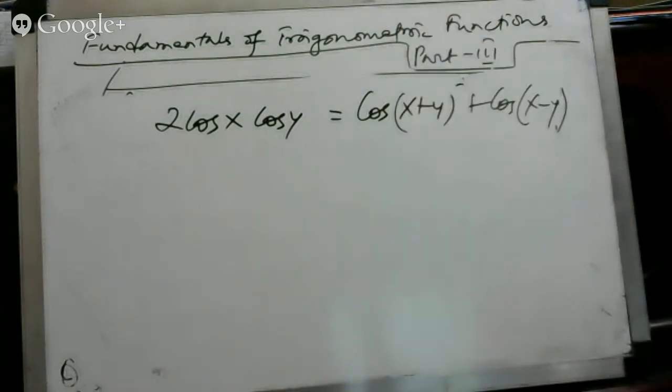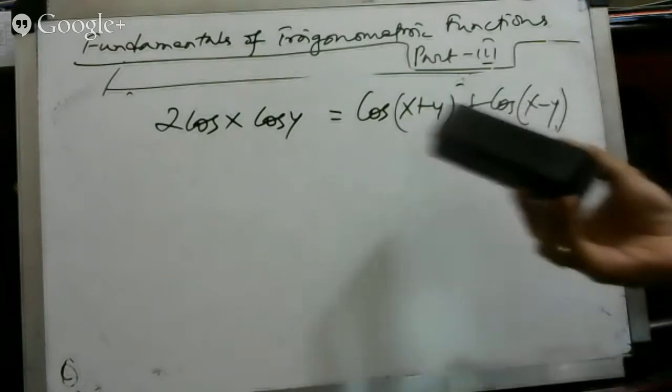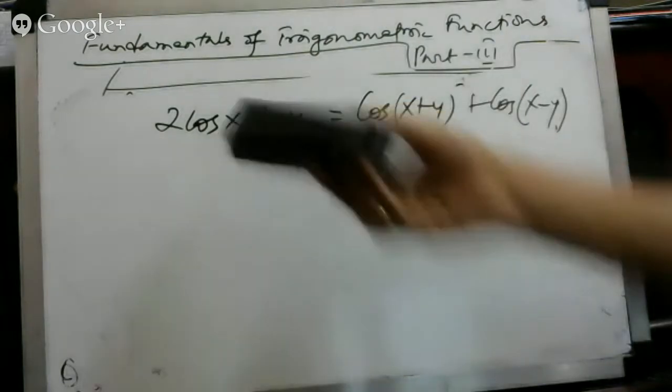You just put the values over there. So in place of x, you put x plus y, and so in case of cos a plus cos b, we just proved it. So if you put in place of x plus y, you will get this.